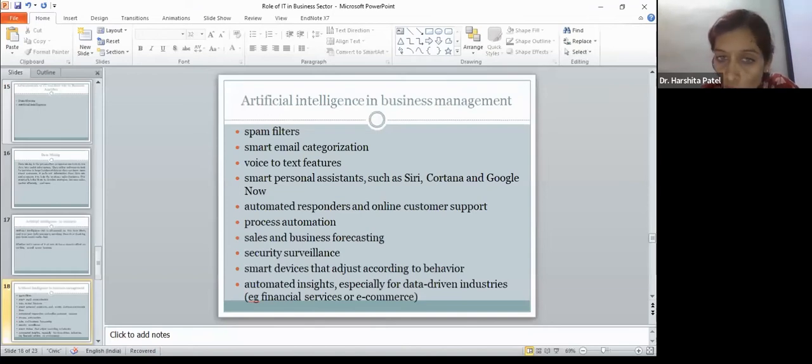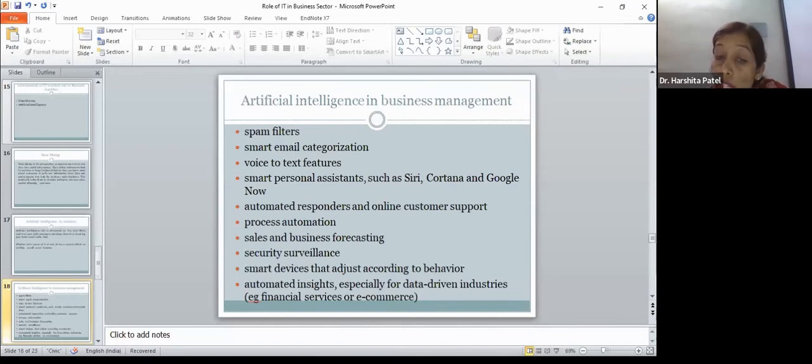On what basis? That's not of your use, right? That may be wrong information passed to you, or it's kind of a scam. So finding those particular mails and filtering them from the inbox, you need not waste your time on those things. Smart email categorization, like based on organization, you can categorize your information and spend time over them.